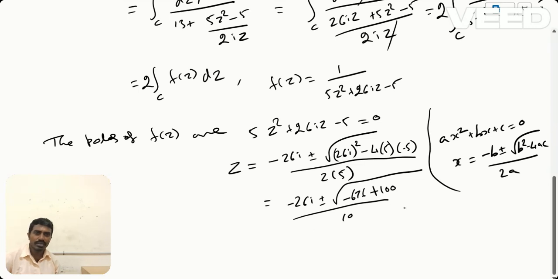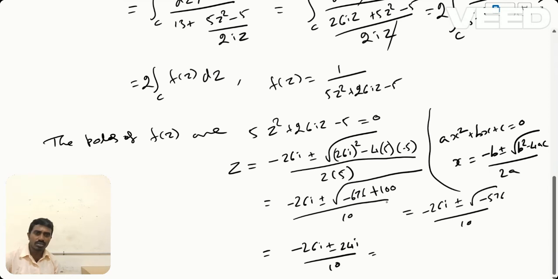If you simplify further, then what do we get? Minus 26i plus or minus square root of minus 576 by 10. Square root of 576 is 24 and square root of minus 1 is i. So minus 26i plus or minus 24i by 10.